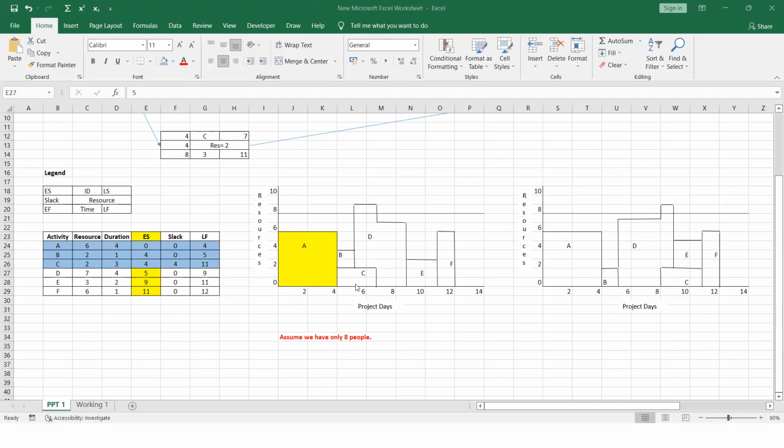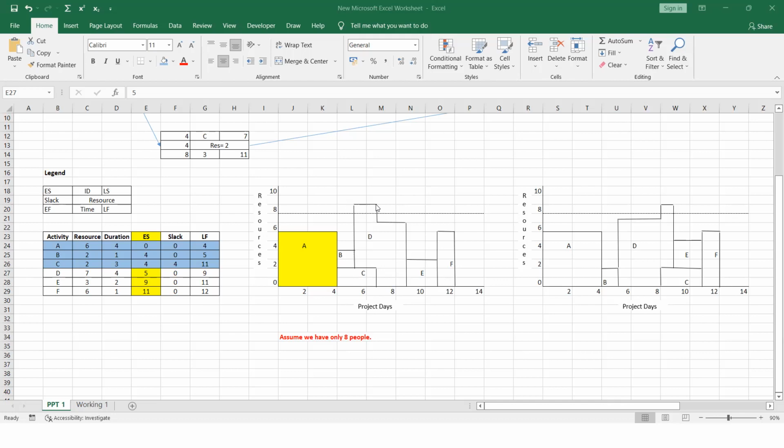Right. So I also get a little confused here because for that early start time of 5 we have to add the duration of 4. So thank you Madhushi. For the early start of 5 we have to add 4, right? We have to add 4 duration and we have to get the resources up to 7.